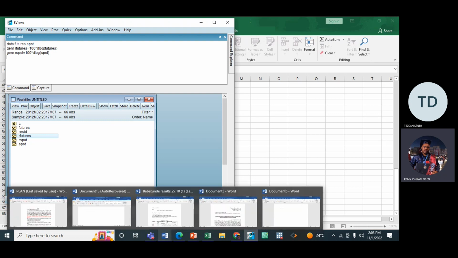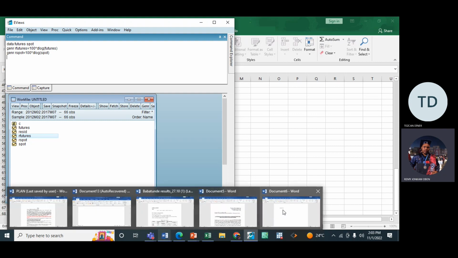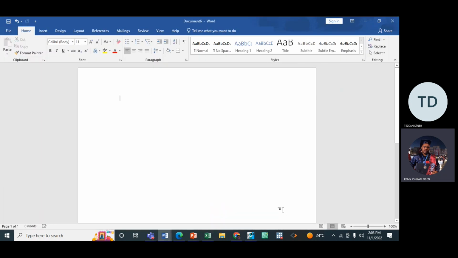We have no time. So now we have generated the returns of the forward price and the returns of spot price, right? We want to estimate this regression: Δspot = alpha + beta Δfutures + error term.